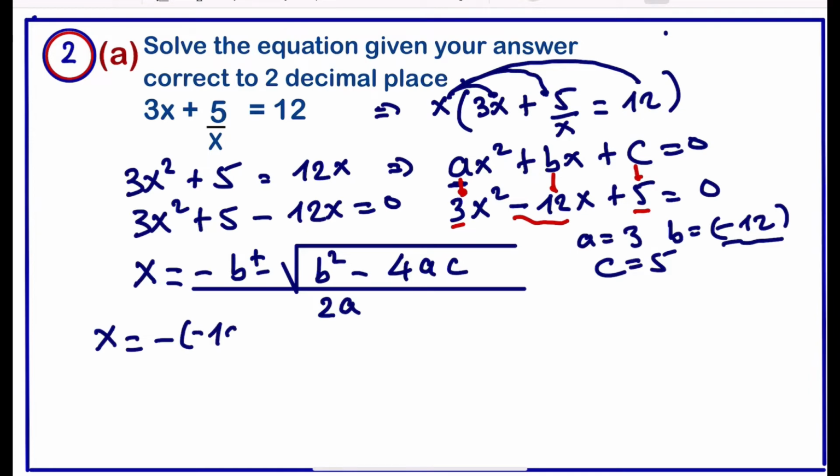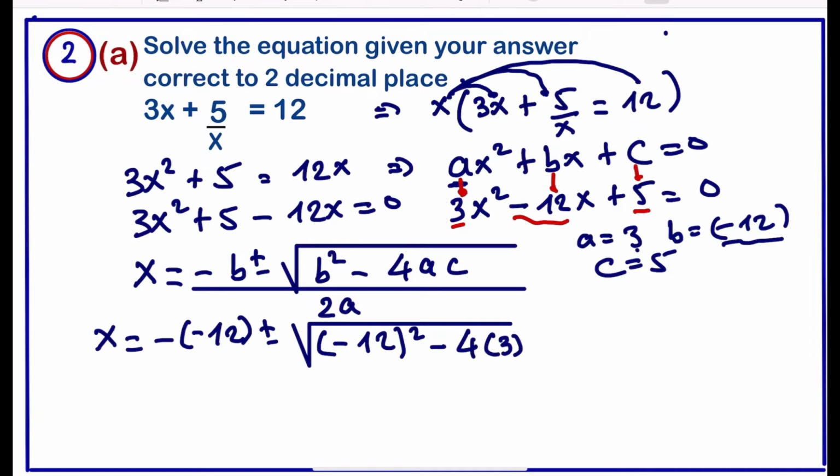Minus (minus 12) plus or minus the square root of (minus 12) squared minus 4, our a is 3 and our c is 5, divided by 2a.